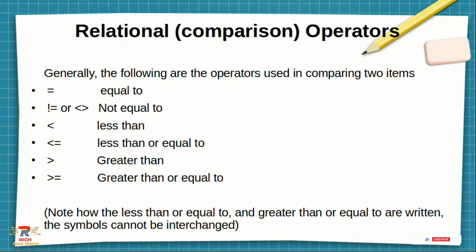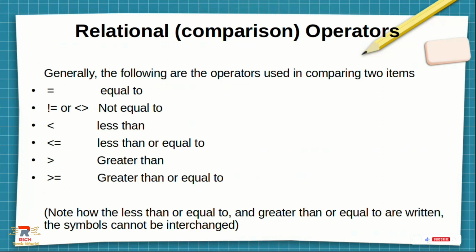So we have the equal to, the not equal to, the less than, the less than or equal to, the greater than, and the greater than or equal to. These are operators we all know that compare two operands. Whenever you have any of these operators between any two operands, you should know that it is going to compare them.